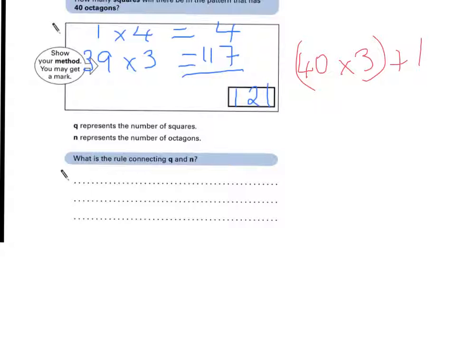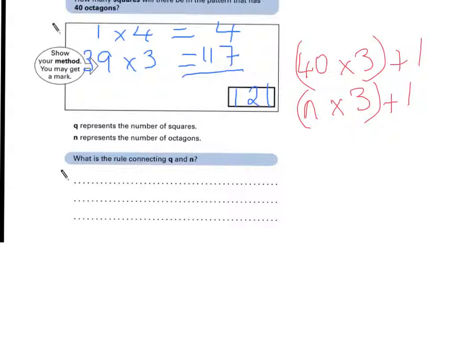So 40 is the number of octagons, and it tells us here in this second part that we're going to use N. So this is like N times 3, because we had to multiply each one by 3, and we added 1 to that, and then that told us how many squares there were.